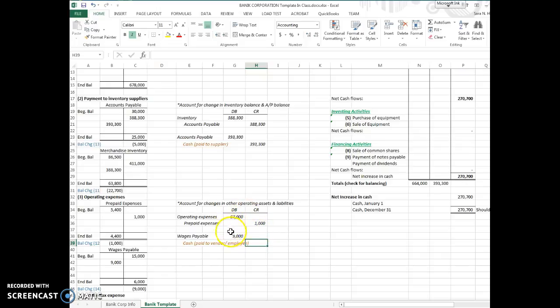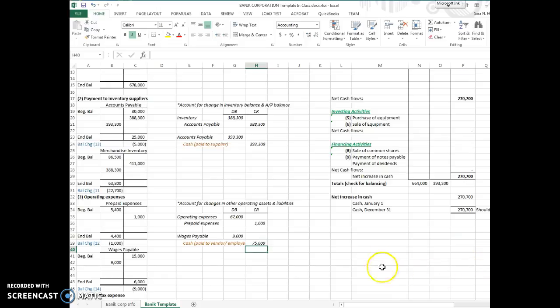When we look at all of those together, we'll be able to solve for the actual cash that was paid out to the vendor or to the employee. So we'll make this balance by adding the $67,000 to the $9,000 and subtracting out the $1,000, which gets us $75,000 would indeed balance this transaction.